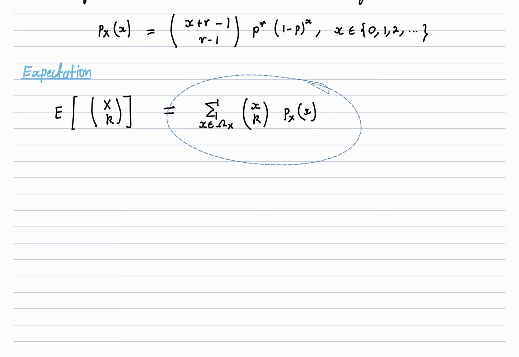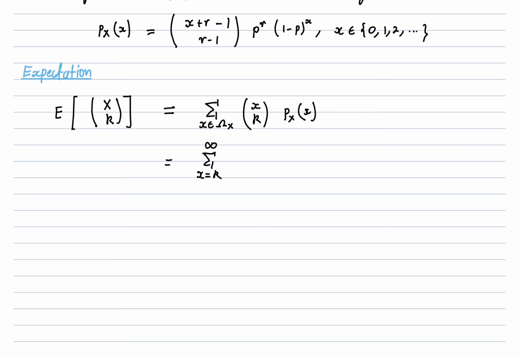Now, one thing to note here is that we're taking x choose k. While the support of x might be 0, 1, 2, 3, 4, if we're choosing k objects from x, at a minimum we need x to be at least k, because we can't choose, say, 8 objects from only 3 objects.